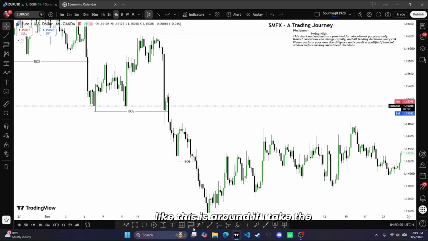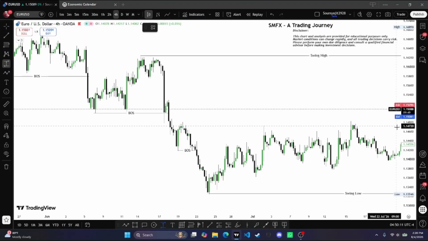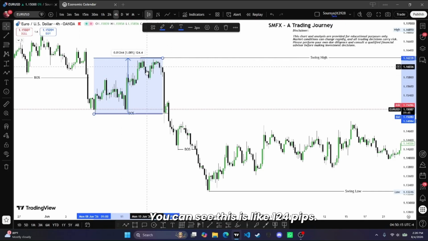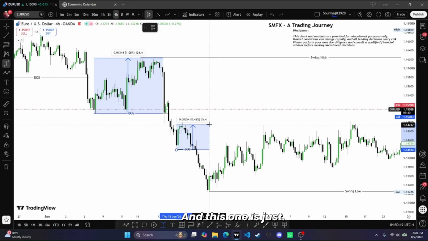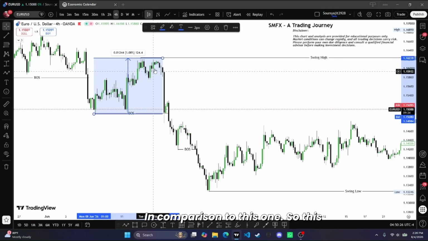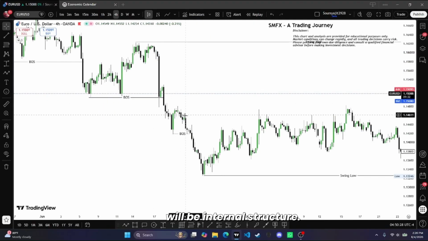If I take the measuring tool, measuring here, you can see this is like 124 pips, and this one is just 61 pips. So this is very small in comparison to this one. So this will be internal structure.